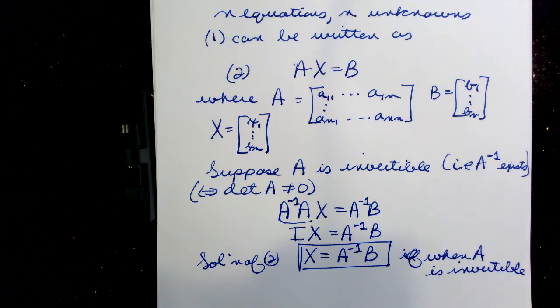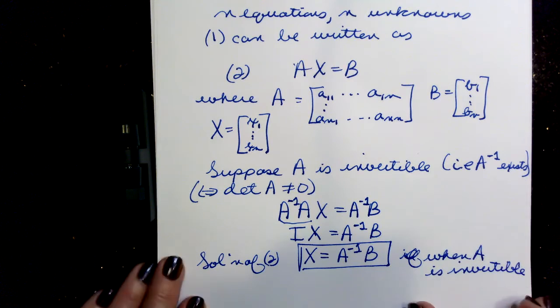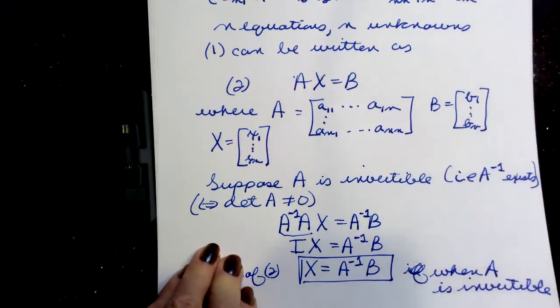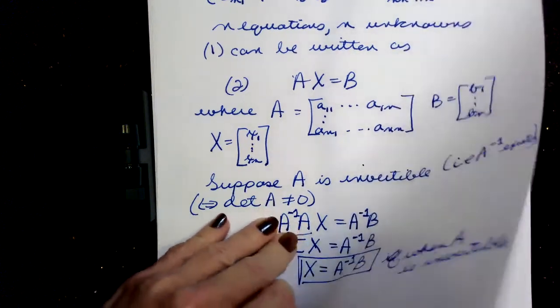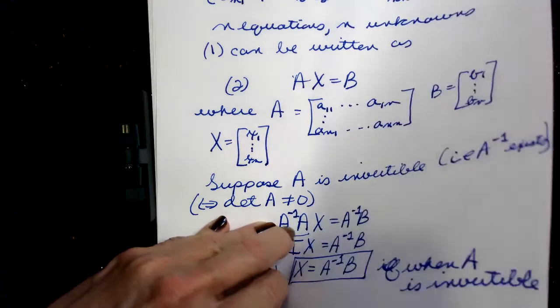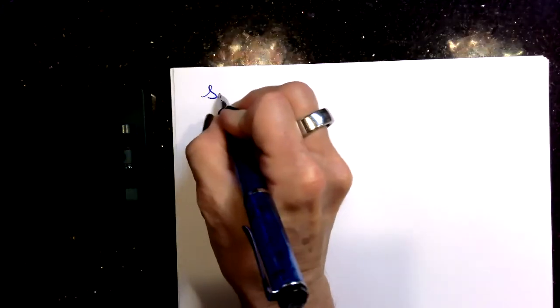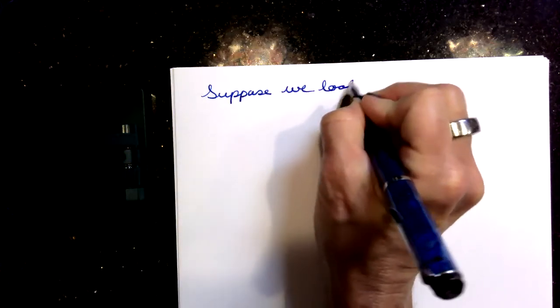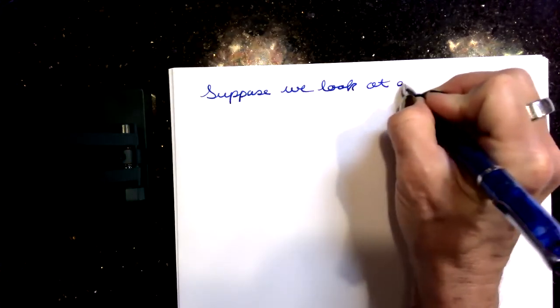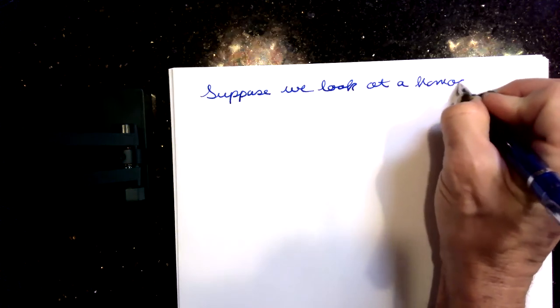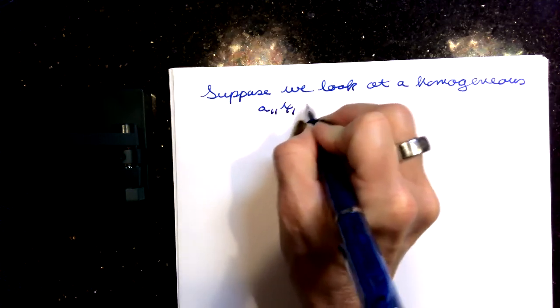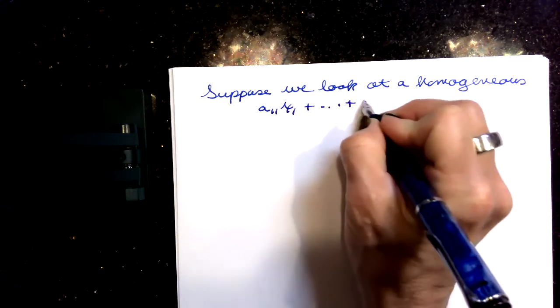Okay. All right. So now suppose you're looking at a homogeneous system. What does this method tell us? Homogeneous just means all the equations have right-hand side 0.